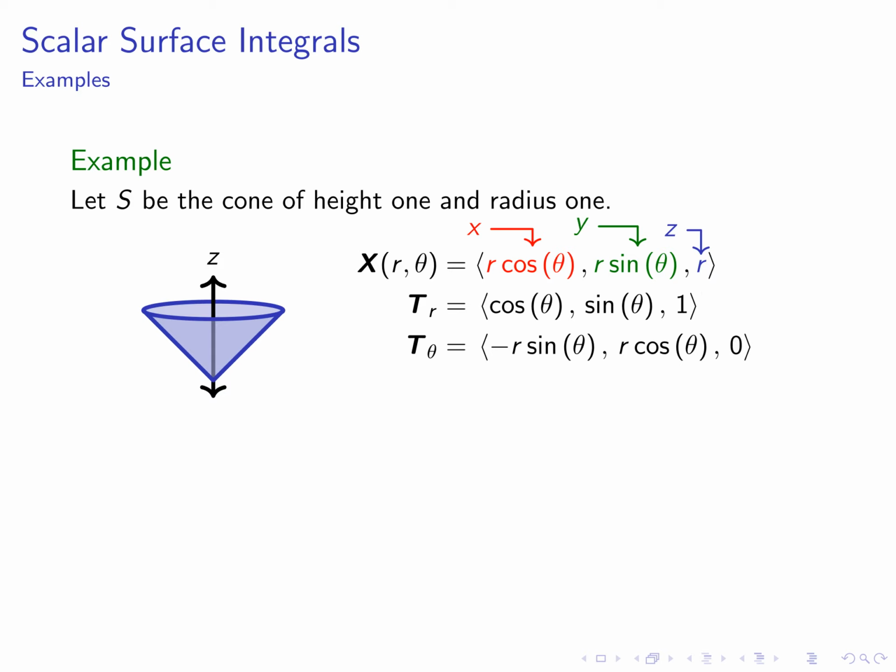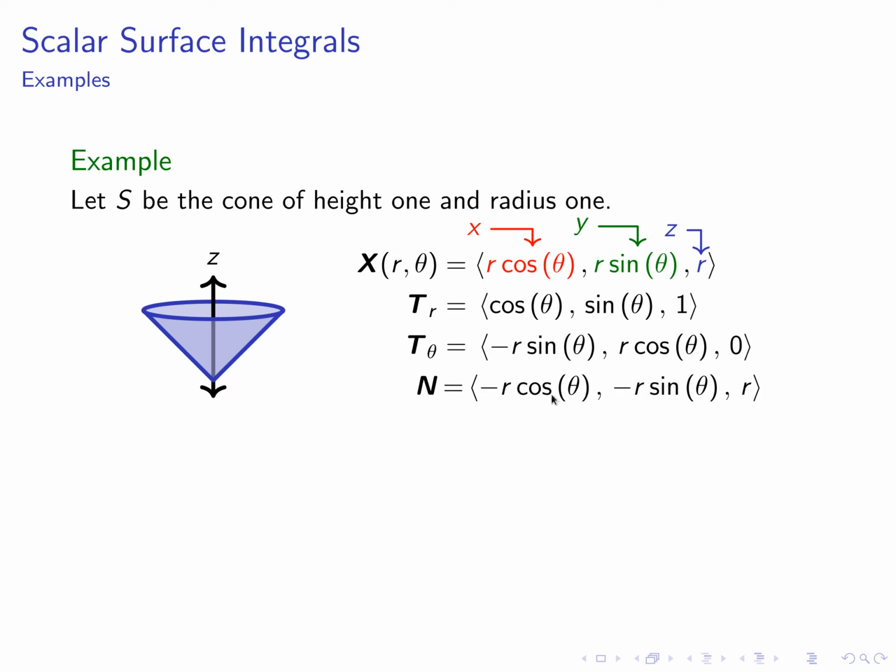Now, we use these two tangent vectors to construct the standard normal vector. The standard normal vector is the cross product of our two tangent vectors. And when we do the cross product here, we end up with coordinates negative r cosine theta, negative r sine theta, r. And remember, when we're doing a scalar surface integral, we always end up multiplying by the length of the standard normal vector.